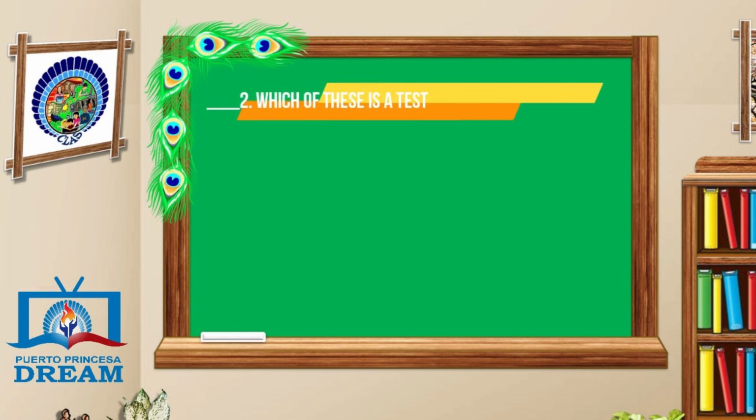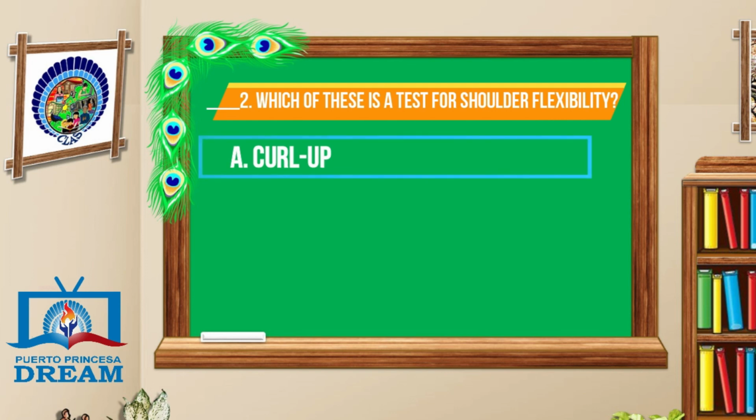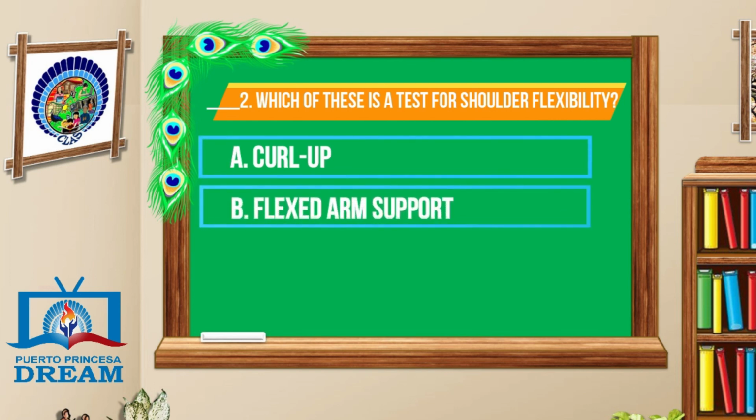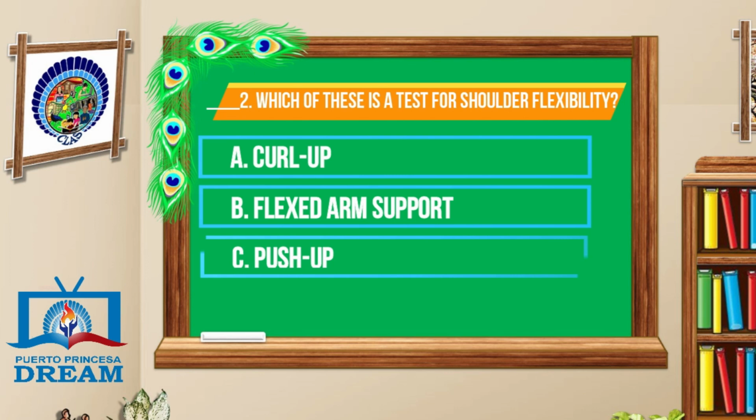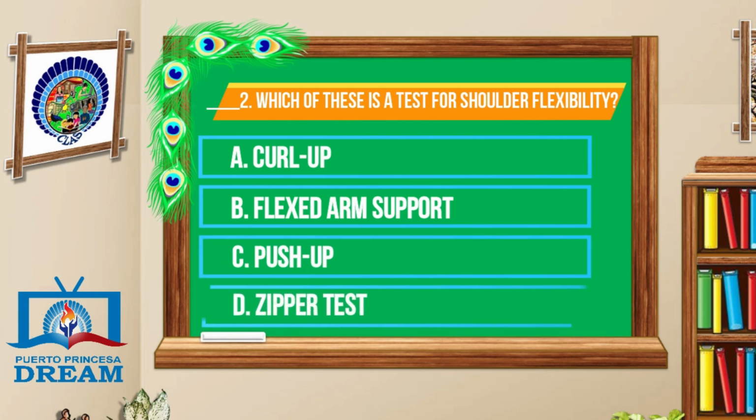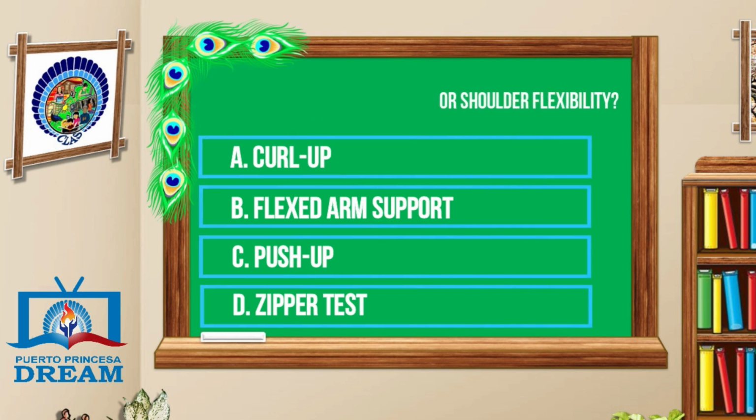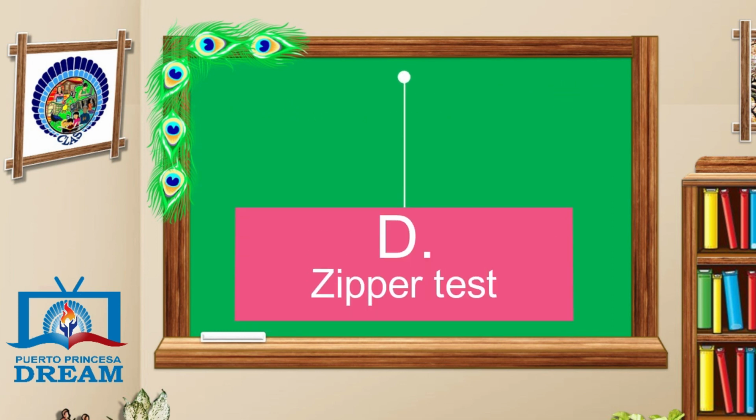Number 2. Which of these is a test for shoulder flexibility? A. Curl up. B. Flexed arm support. C. Push up. D. Zipper test. The correct answer is letter D. Zipper test.